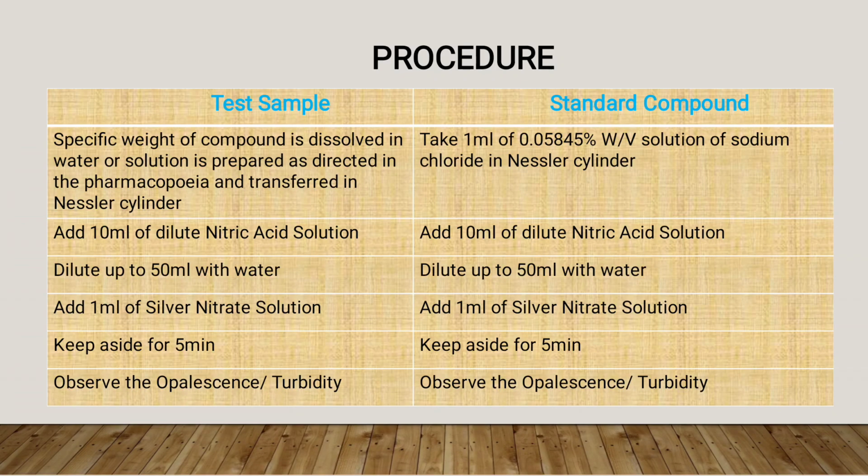The third step is also similar: dilute up to 50 ml with water in both. The last step is also the same: add 1 ml of silver nitrate solution in the test sample, and the same in the standard compound. Keep both Nessler cylinders aside for 5 minutes to settle down. Lastly, after 5 minutes, observe the opalescence or turbidity.